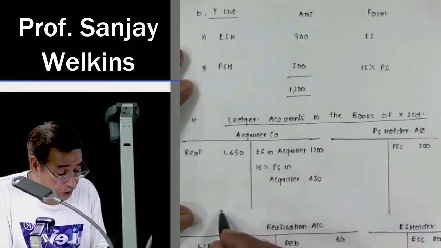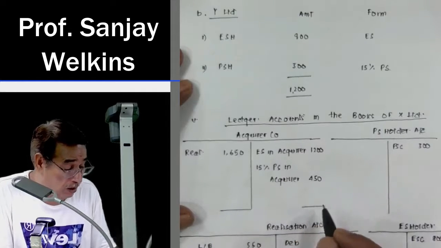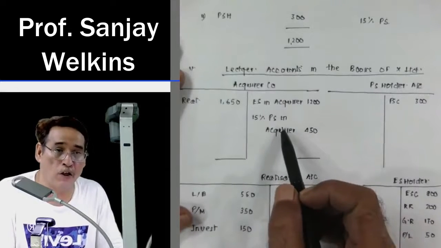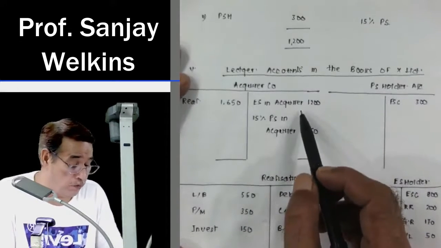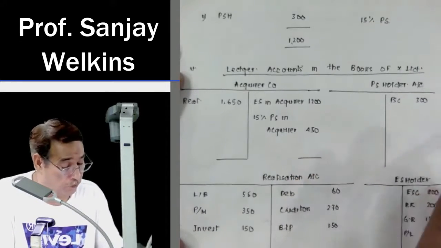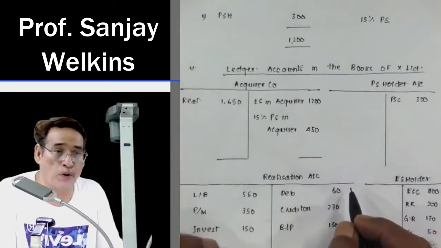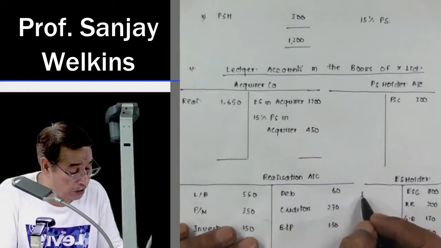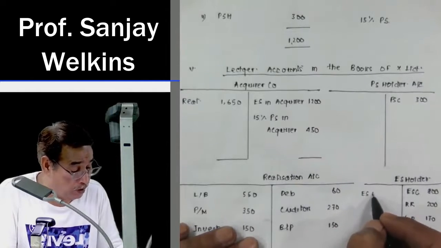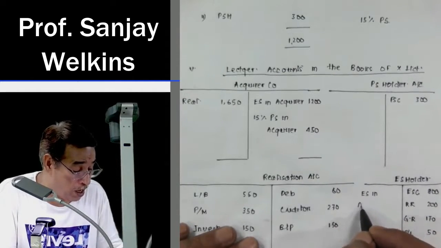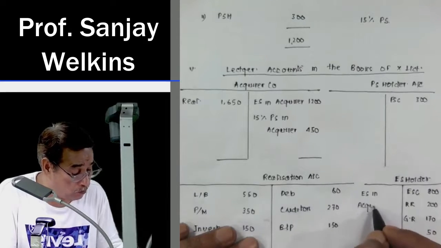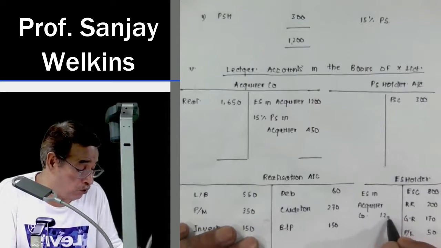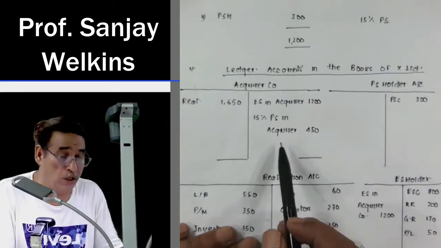Okay, the moment we receive the consideration from the acquirer, obviously our acquirer company account will get closed. Now, whatever shares we received in the form of equity shares, we are going to transfer them to the debit side of the equity shareholders account. I'm going to write here equity shares in acquirer company account, 1200, to the debit side of equity shareholder.